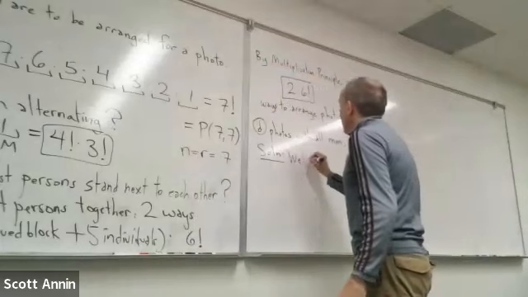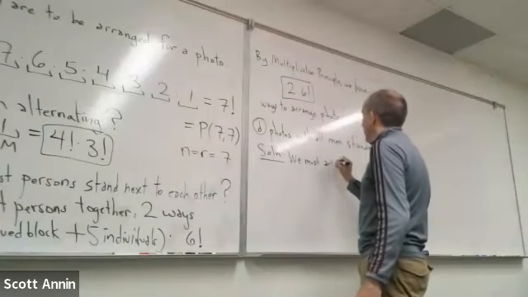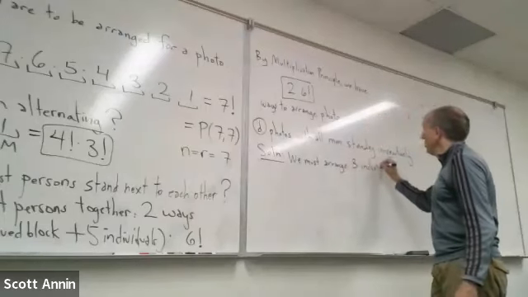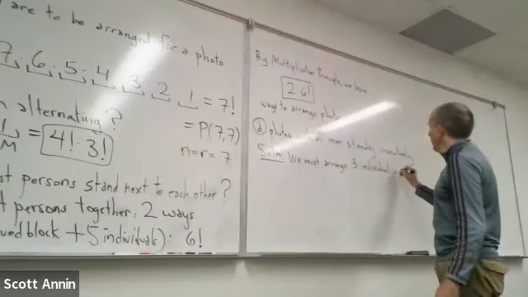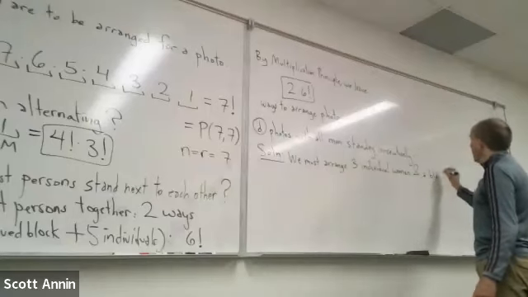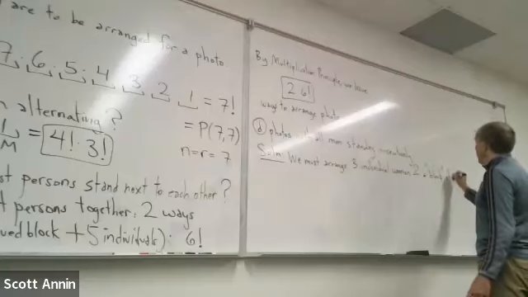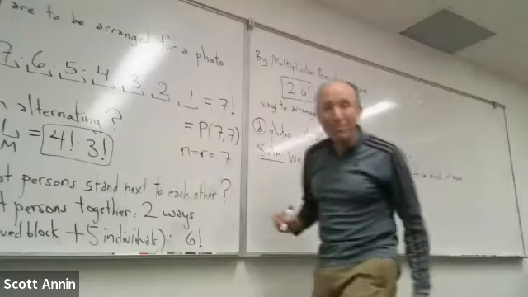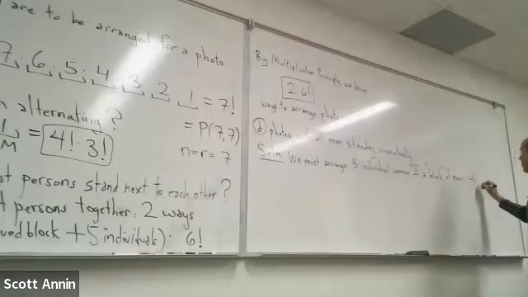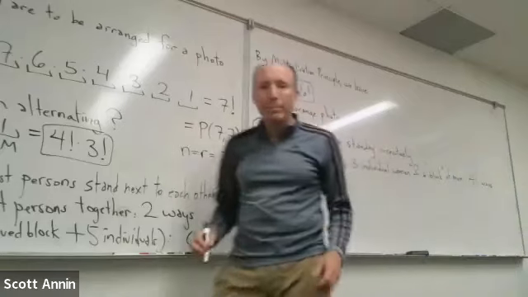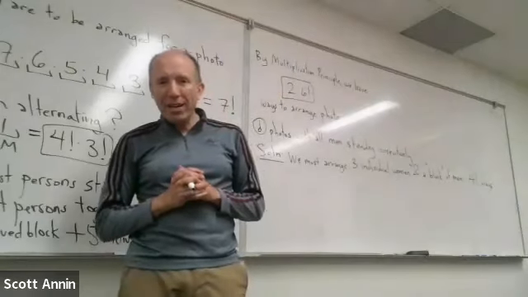So we must arrange the 3 individual women and a single block of all of the men. That's actually 4 objects that we are now arranging. And there would be 4 factorial ways to do that. Right? Is that the final answer?